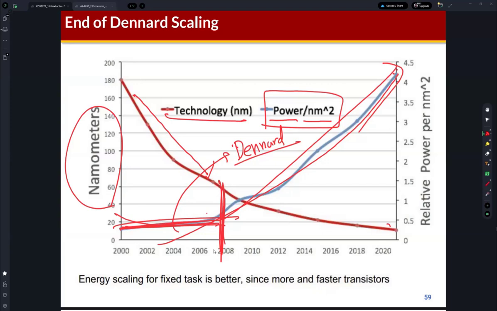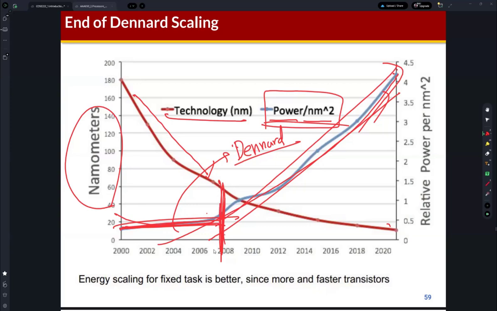But Dennard scaling ended, right? At this point, you can find that the power density has increased. So we can develop a better CPU using advanced semiconductor technology, but the power consumed is also more.